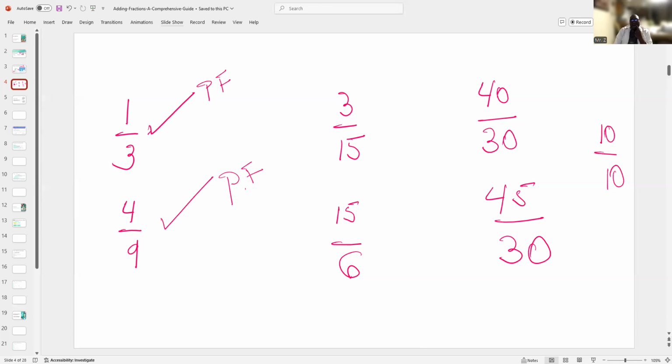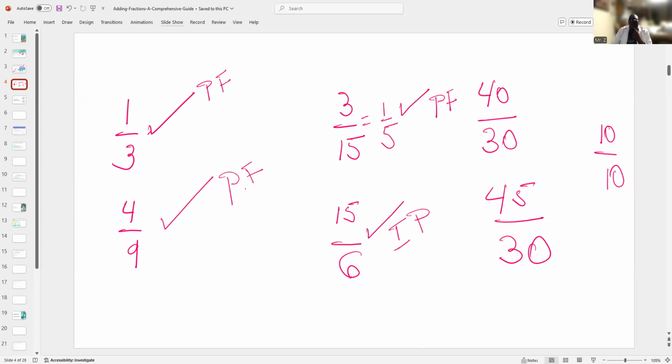That can be simplified: 3 divided by 3 is 1, 15 divided by 3 is 5. What kind of fraction is this? This is a proper fraction. Why? The top number is less. 15 over 16, what kind of fraction is this? This one is an improper fraction.